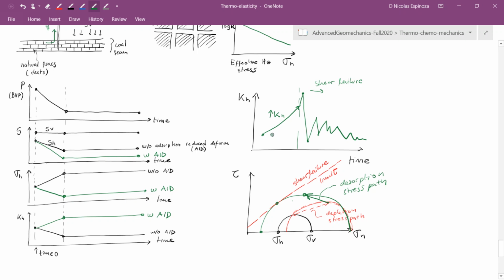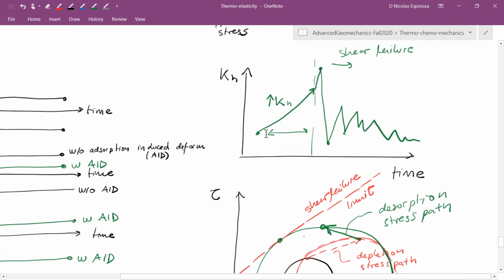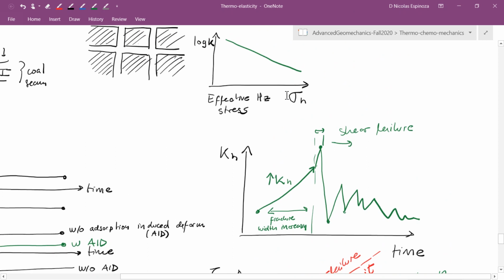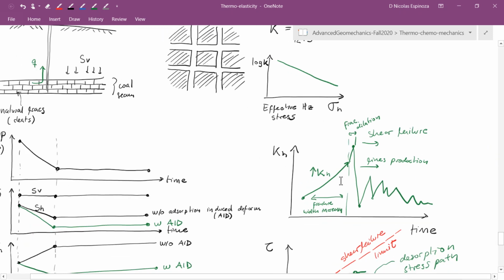In this region, we have fracture width increasing. In this region, we have fracture dilation. And in this region, we have fines production, which clog the fractures and lower the permeability.